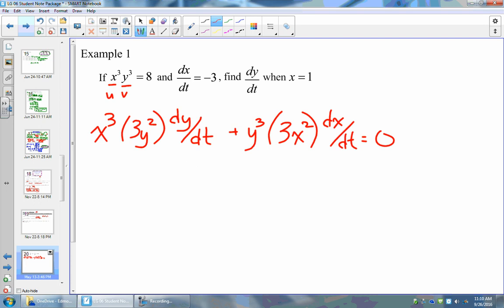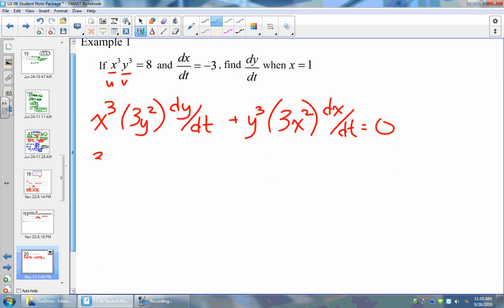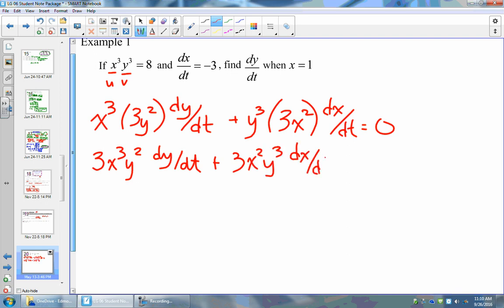Next, let's simplify and make this look a little bit nicer. So 3x cubed y squared dy/dt plus 3x squared y cubed dx/dt is equal to 0. Now the question is saying find dy/dt.